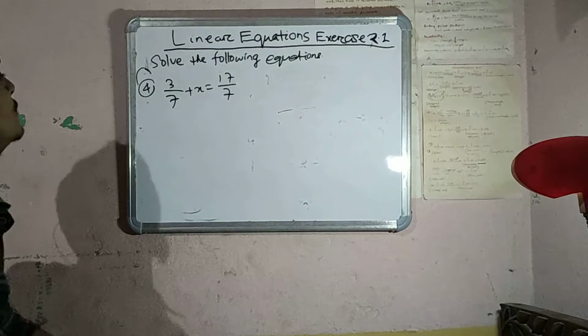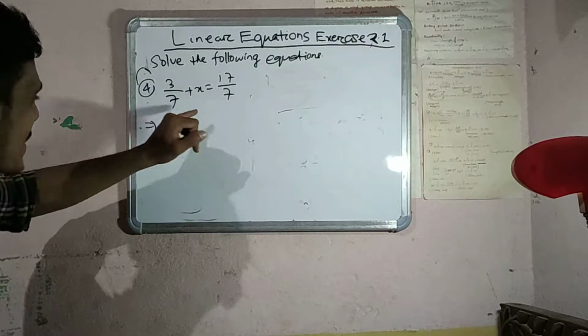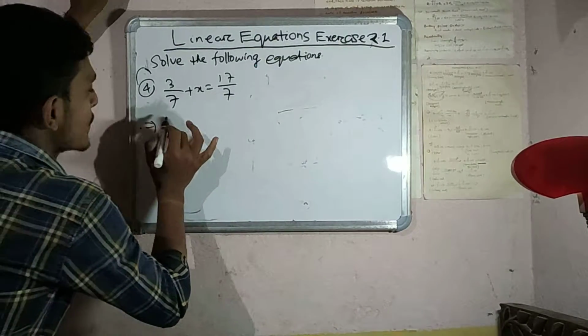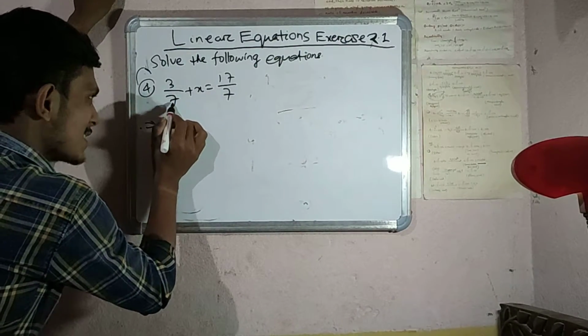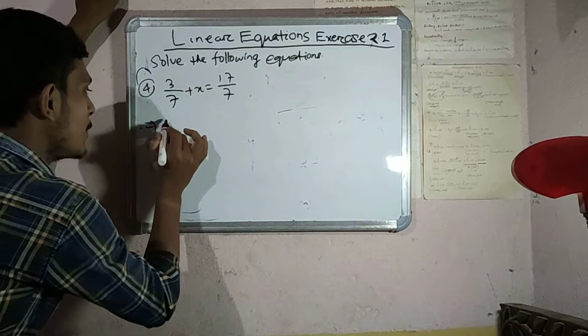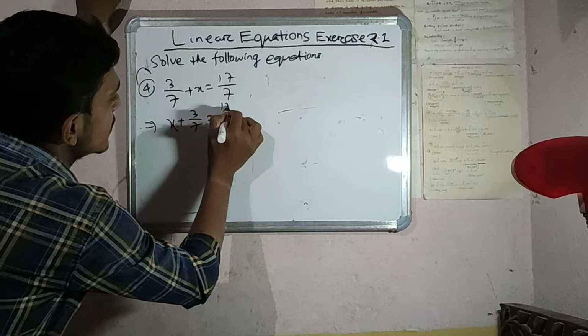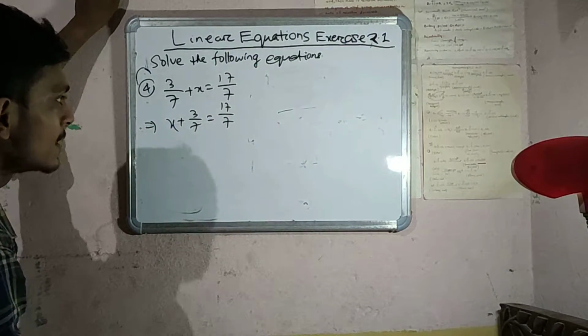Okay, this type of question is also done in another way. What is the way? See, 3 upon 7 plus x. What is the variable? x. And what is the number? That is 3 upon 7. And in the right hand side, that is 17 upon 7.